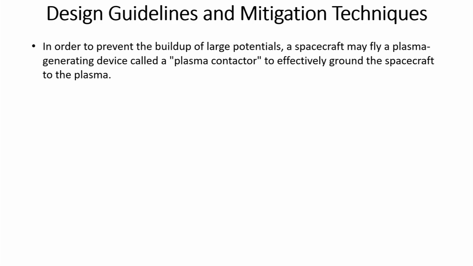It reduces the plasma accumulation. It effectively grounds the spacecraft to the plasma. Basically the spacecraft has developed some potential with respect to the plasma, which we consider zero potential. With respect to zero potential, the spacecraft may have a few kilovolts, maybe 20-30 kilovolts.